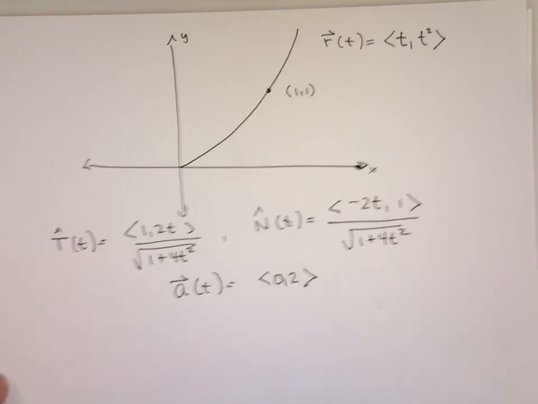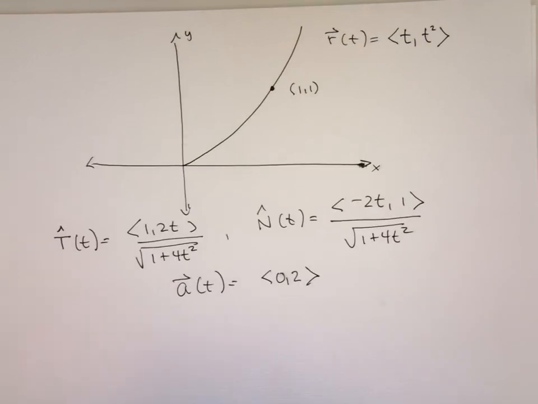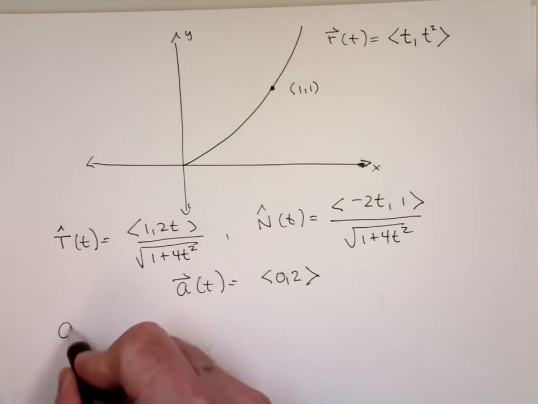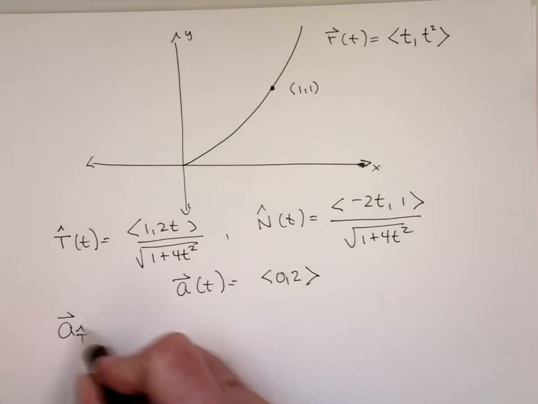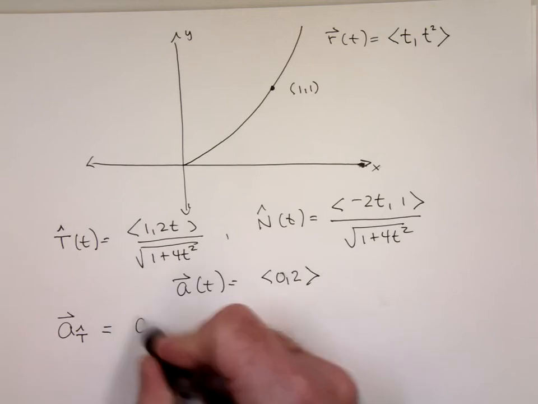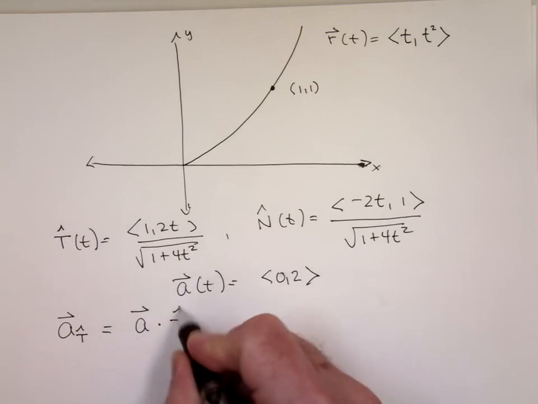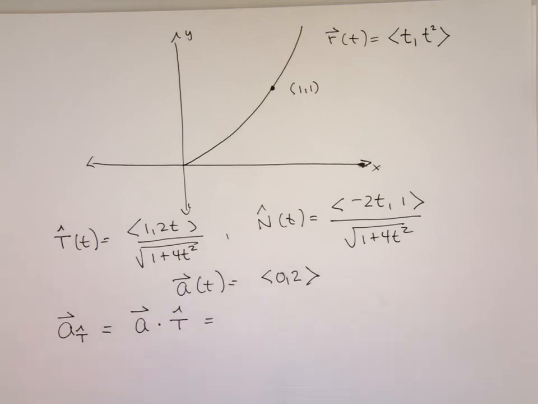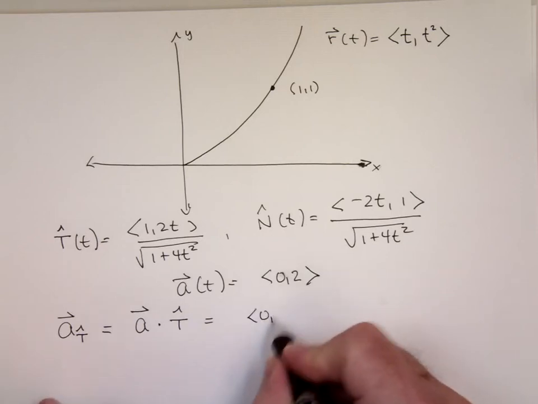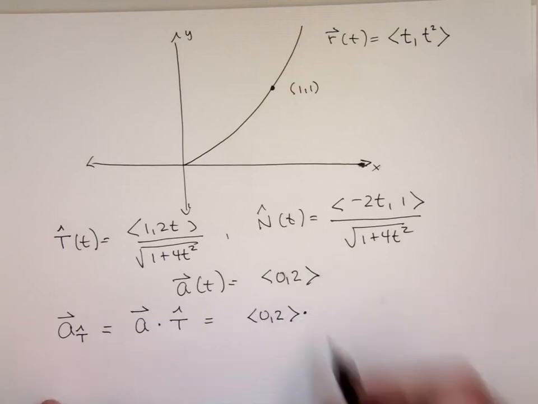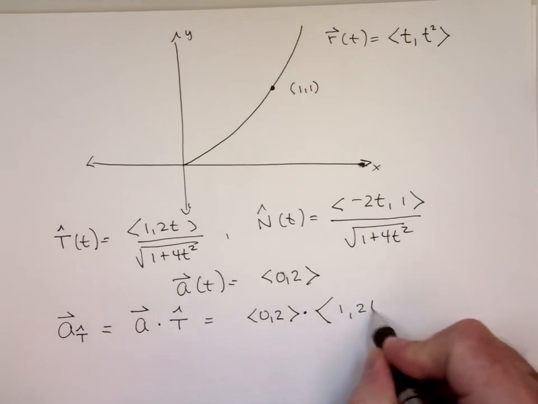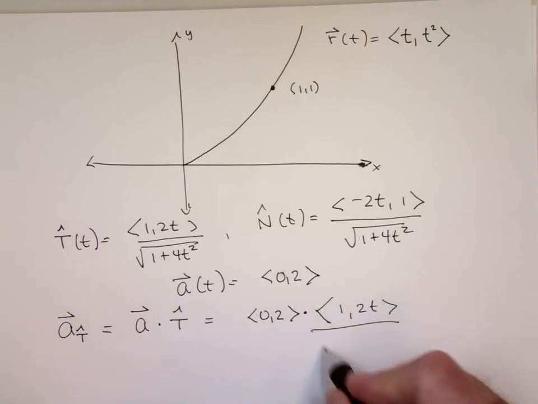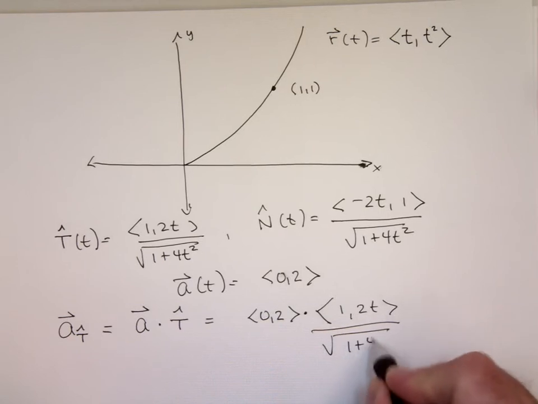Let's do the two components. Tangential component, A dot T. So we get (0, 2) dot (1, 2t) over the square root of 1 plus 4t squared.